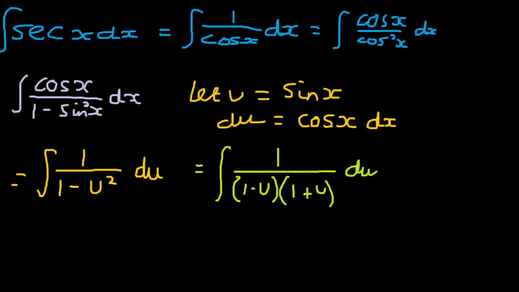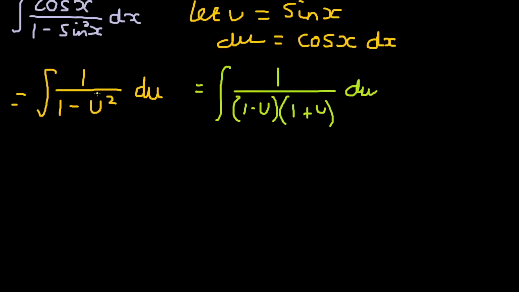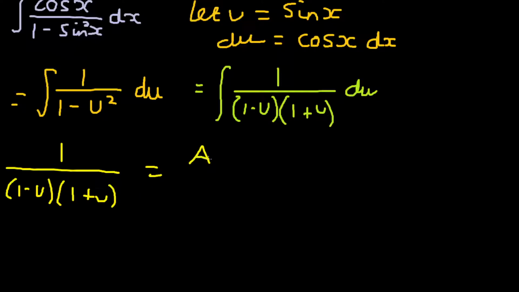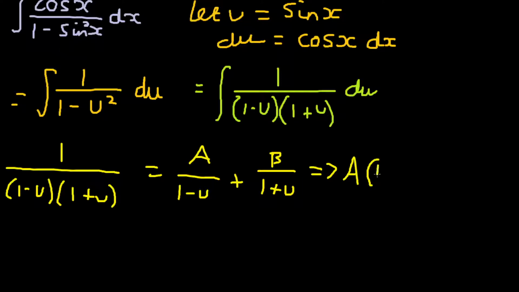We're going to have to use partial fraction decomposition to solve this integral, but let's just go right ahead. 1 over 1 minus u times 1 plus u is equal to a constant a over 1 minus u plus a constant b over 1 plus u, which implies that a multiplied by 1 plus u plus b multiplied by 1 minus u is equal to 1.